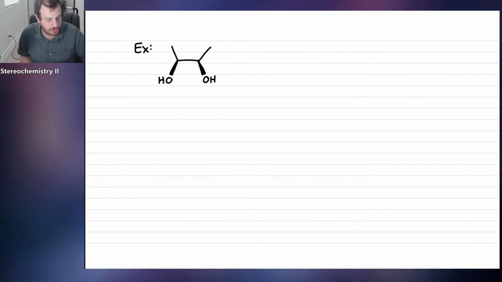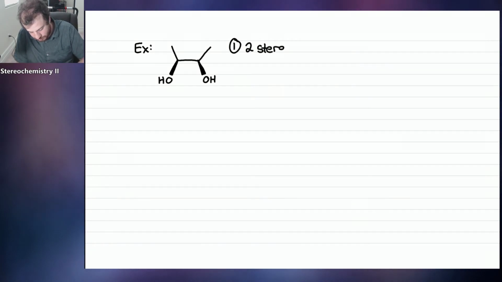Similarly, this carbon also has 4 unique attachments. It has a methyl group. It has an OH group. It has this carbon chain. And it has the implicit hydrogen not shown. So we have 2 stereocenters. There's no debating that.